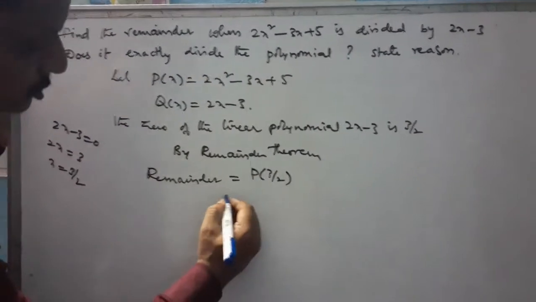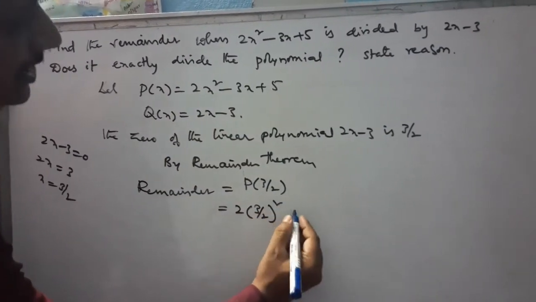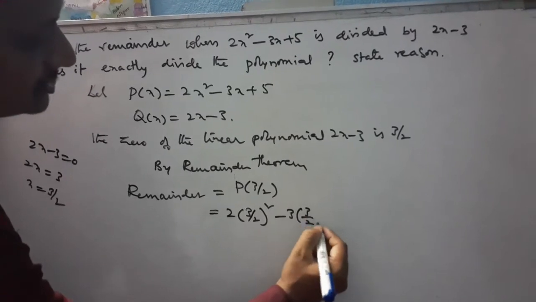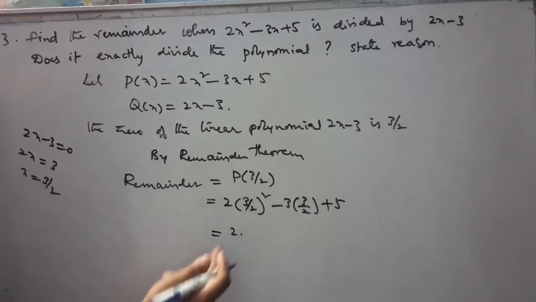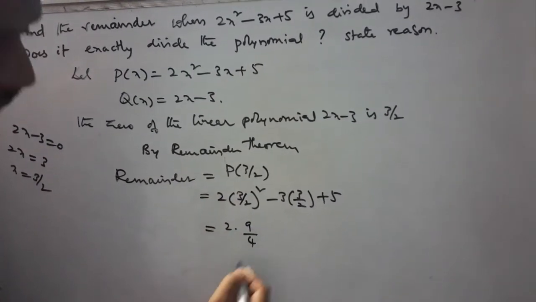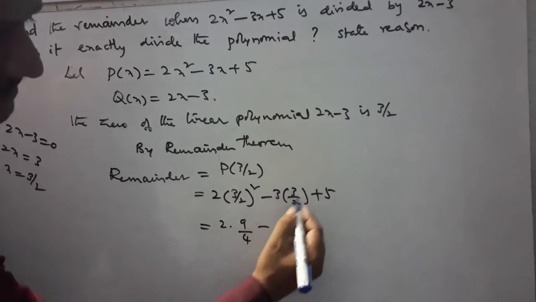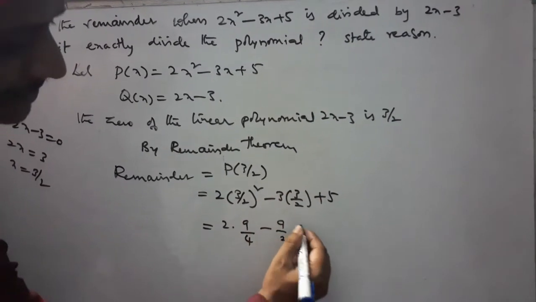So if you substitute here, 2 into x square, 3 by 2 whole square, minus 3 into 3 by 2, plus 5. So 2 into 3 by 2 whole square means 2 into 3 square by 2 square. 3 square means 9 by 4, minus 3 into 3, 9 by 2, plus 5.